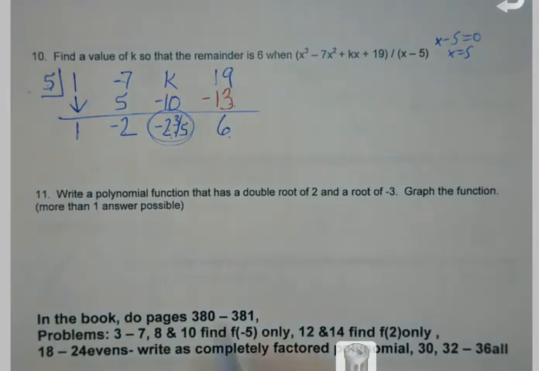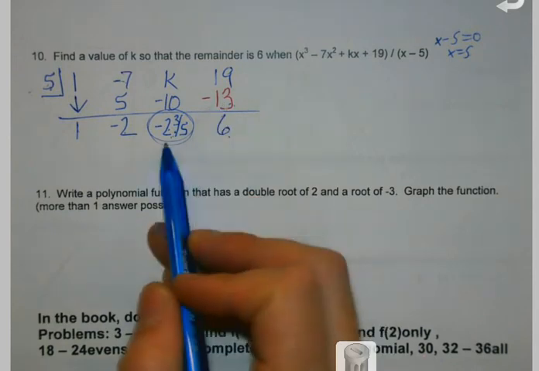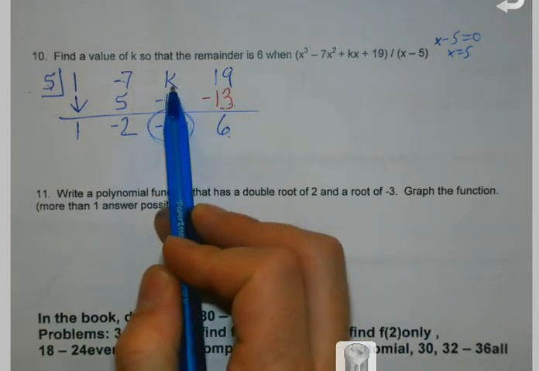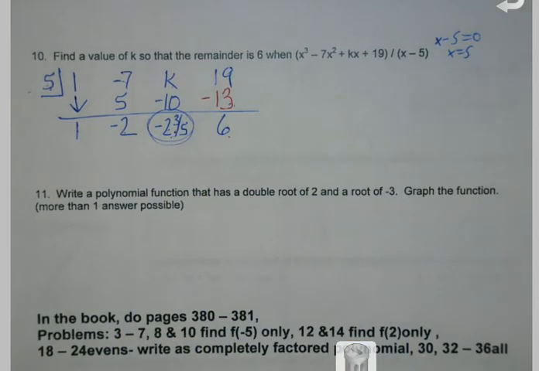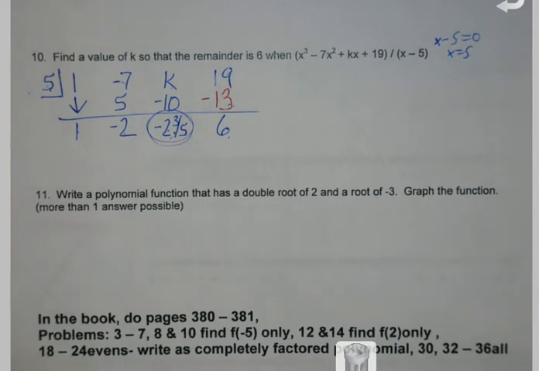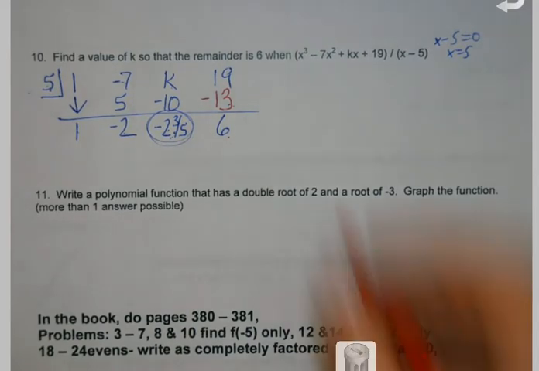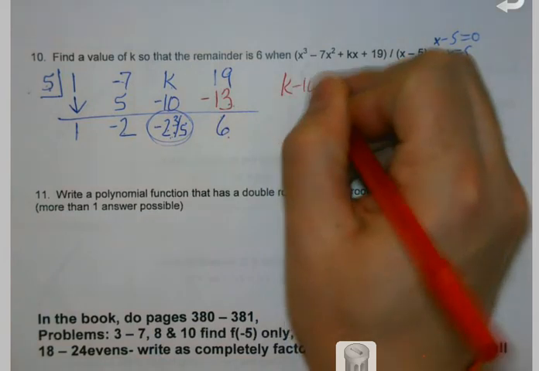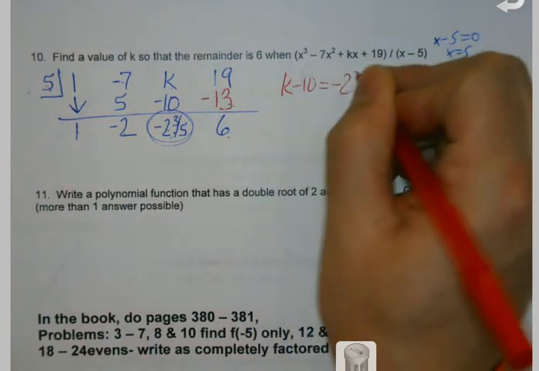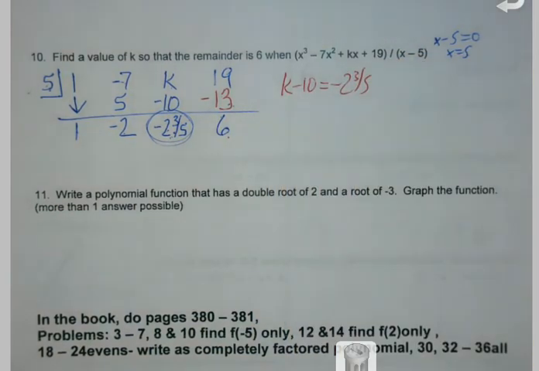So basically I'm like, okay, this works for this, works for this, and we're finally back to this k value that we're looking for. So how do I find the k value now? k minus 10 is equal to negative 2 3/5, or negative 2.6.